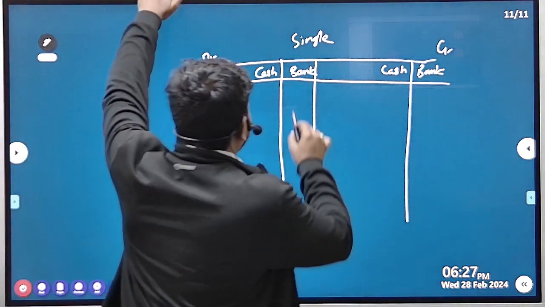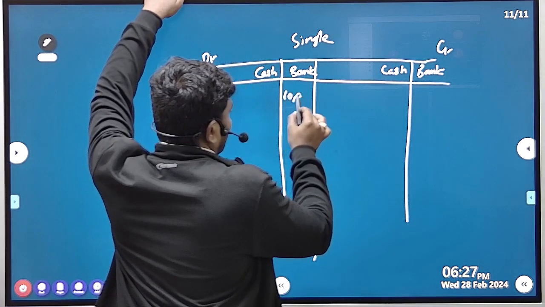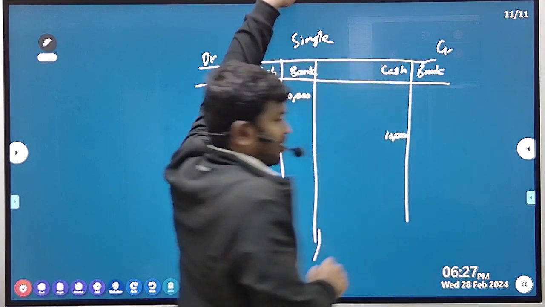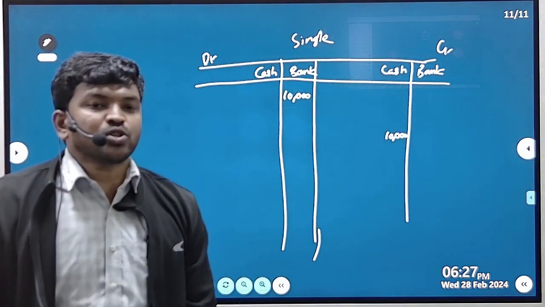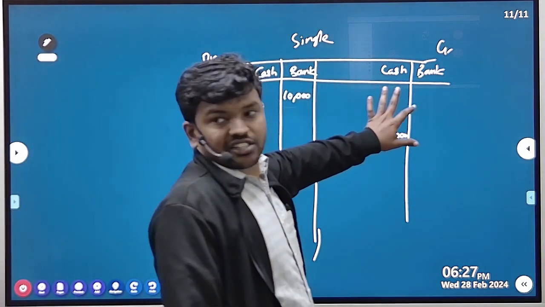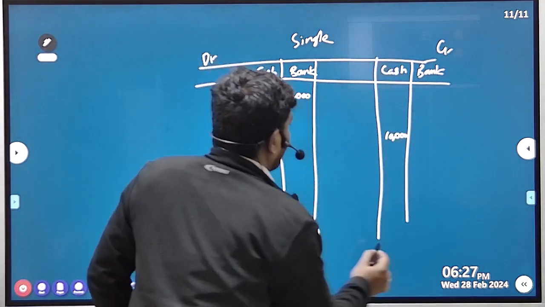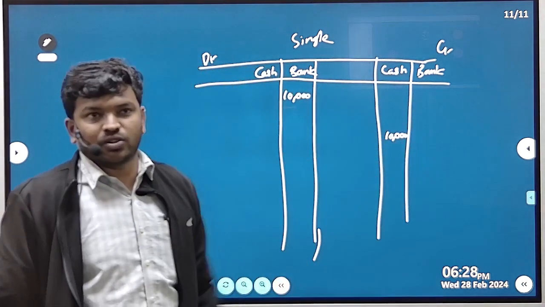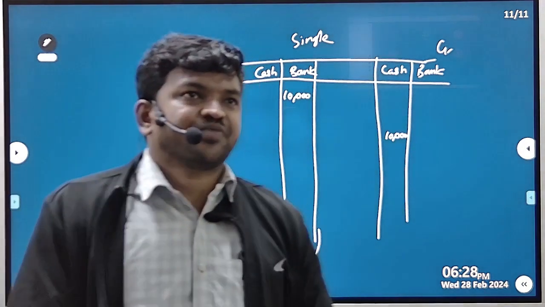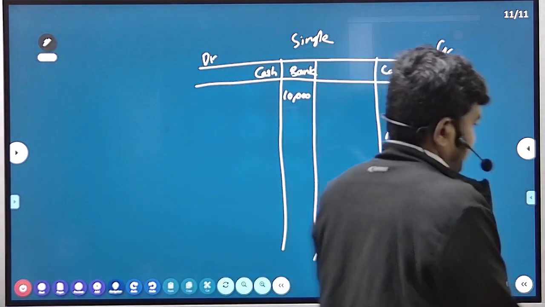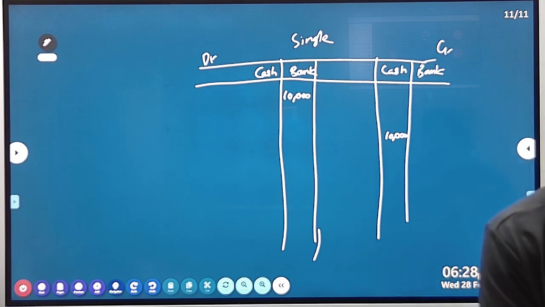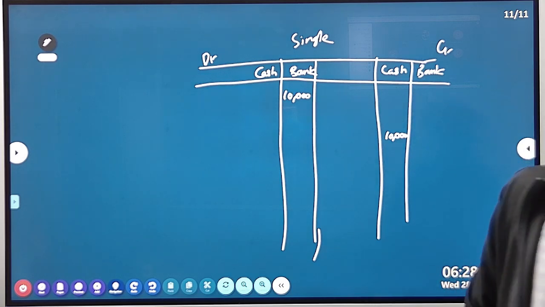So for example, bank account debit, say 10,000, cash account credit, say 10,000. Yes or no? Cash deposited into bank, bank balance increases, so bank account debit, cash balance decreases, so cash account credit. So both postings are happening in a single account indirectly. That's why this is called contra entry. Understood? Clear. This is about cash or bank book.